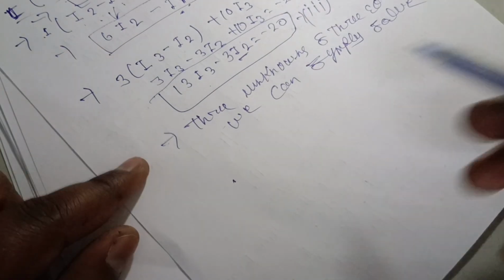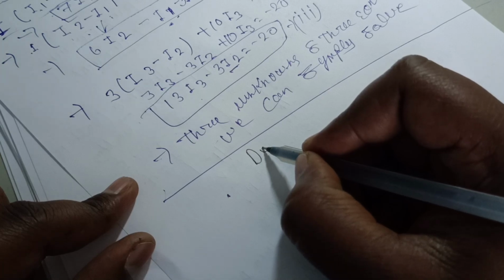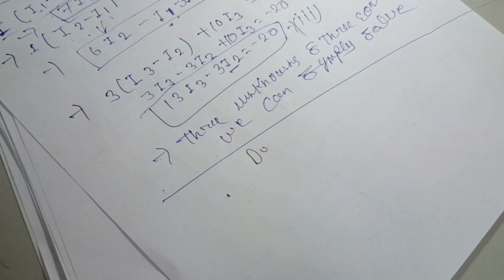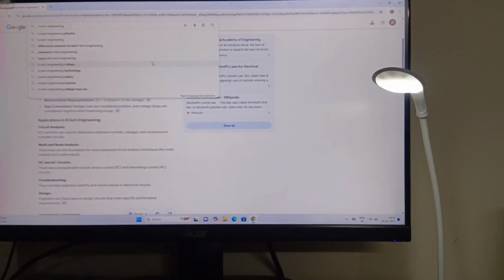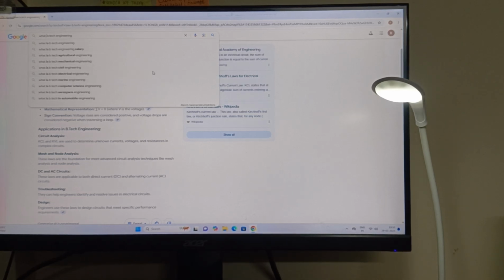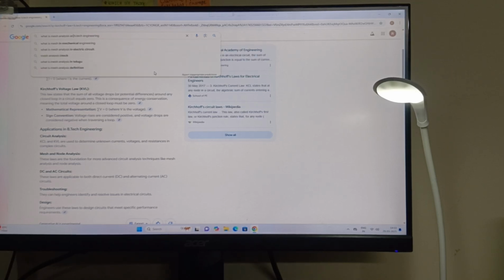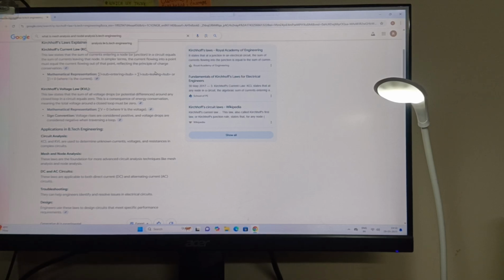But firstly we will also see in Google what is mesh analysis and nodal analysis.